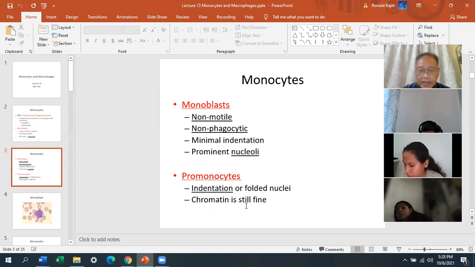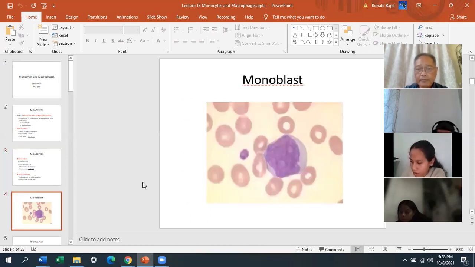The chromatin is still fine in the promonocyte stage. Fine, smooth chromatin is characteristic of an immature cell. Remember that, I talked about that in the myelocytic series. The chromatin is fine, but for promonocytes, we're starting to see indentation.